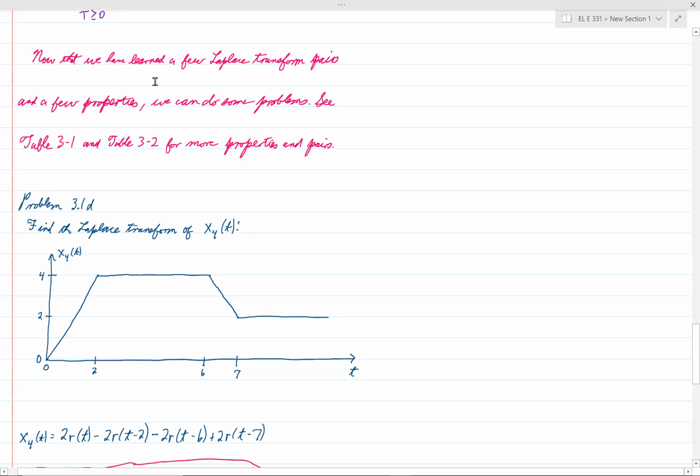So now that we've learned a few Laplace transform pairs and a few properties, we can do some problems. And as I mentioned before, if you go in your textbook and look at tables 3-1 and 3-2, you'll find more properties and Laplace transform pairs.